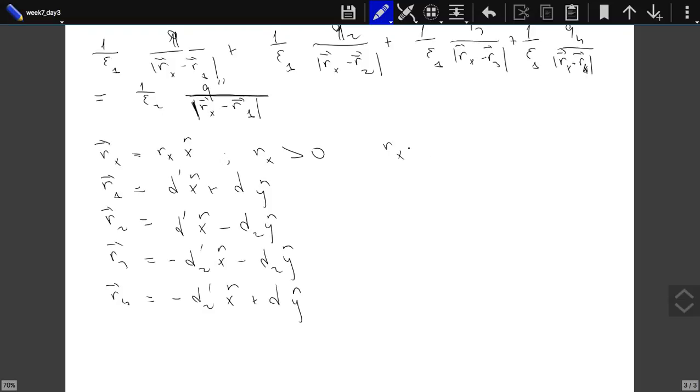So let's see, Rx minus R1. What is Rx minus R1? It is the square root of Rx minus d squared plus d squared, or Rx minus d prime squared plus d squared under the square root. Rx minus R2.